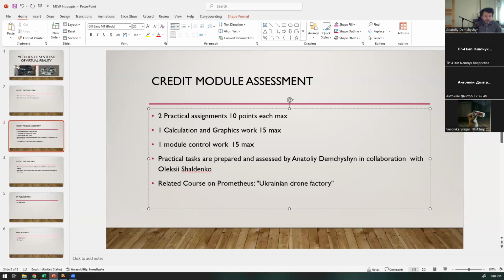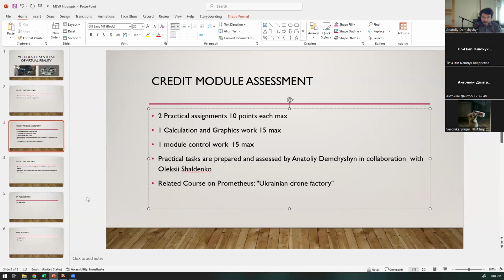Do we have to pass all the assignments, or can we just have some points? My suggestion, my ideology, and the same is written in the syllabus, is that there is no way to get lower than these four assignments, and there is no reason in presenting only half of them.